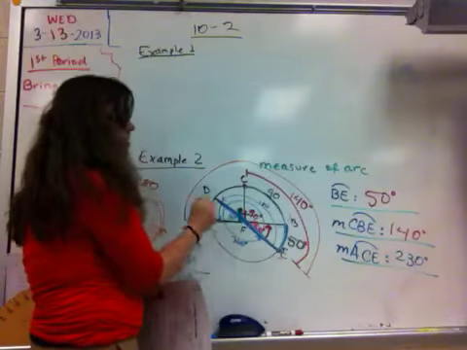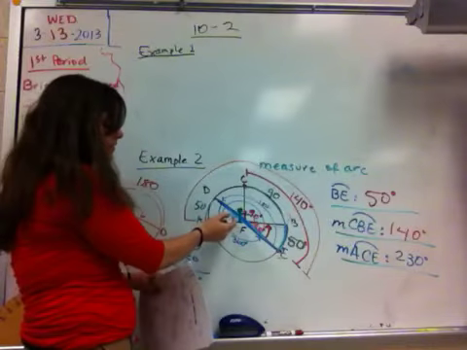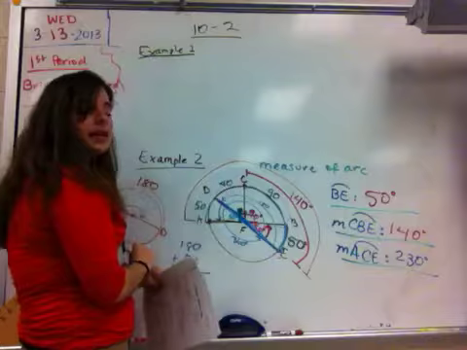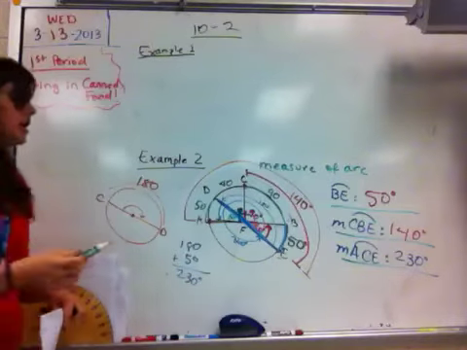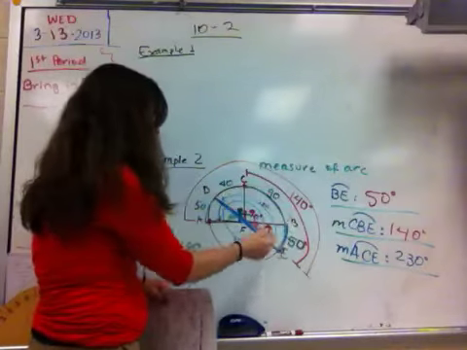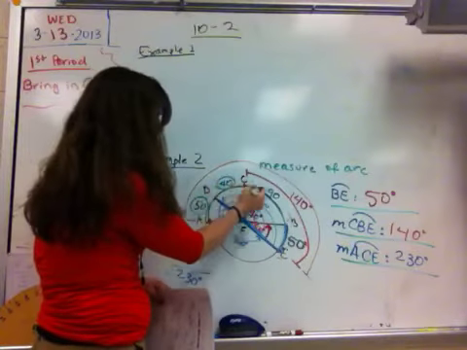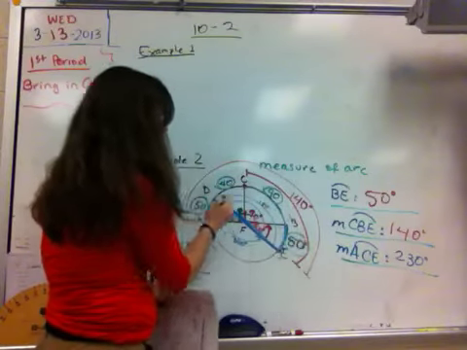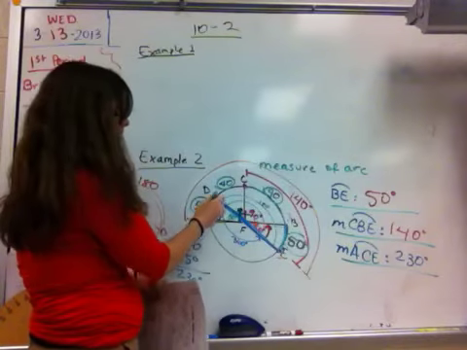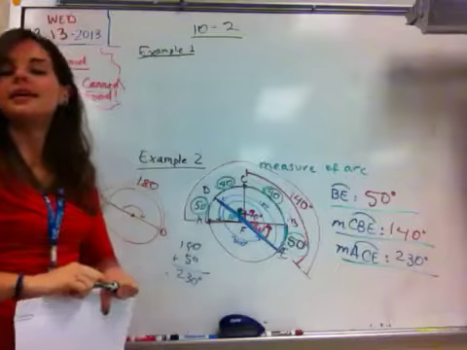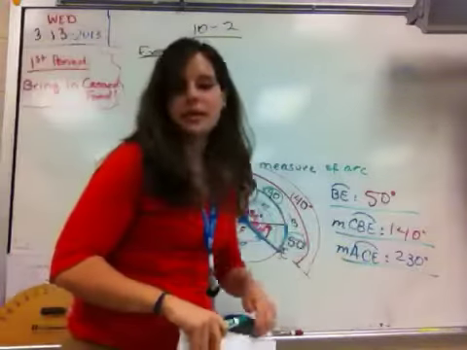This is 90 degrees on the other side. You already got 50. So what else do you need to complete out that other 90? You need the 40. You could find each piece here. And then from A to E, you could add together all the little pieces that you need. When you add together 50 plus 40 plus 90 plus 50, you're going to get your 230.